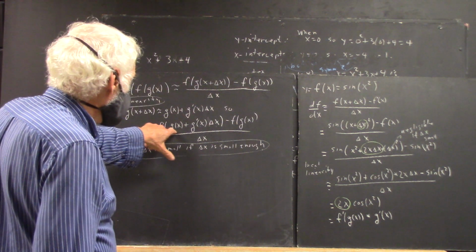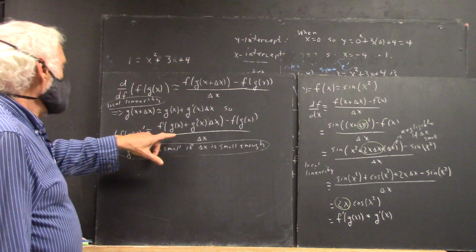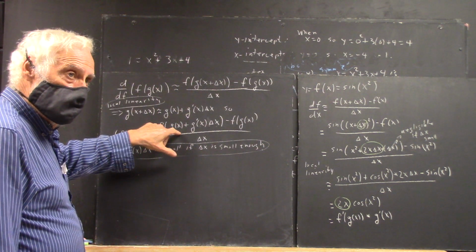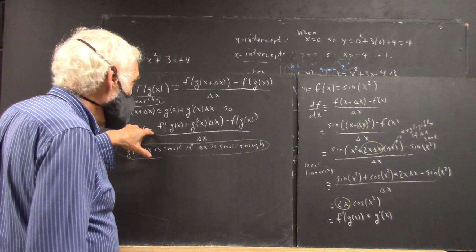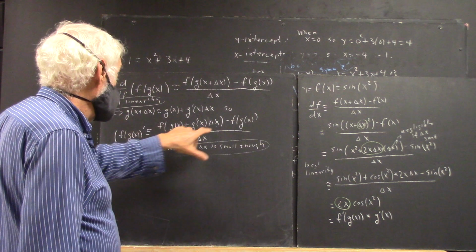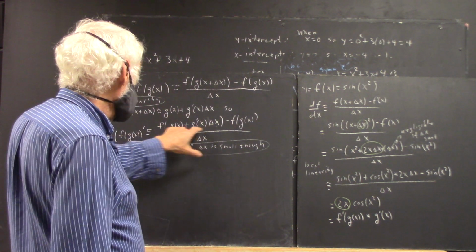So f of g of x plus g prime of x delta x just differs from f of g of x by the rate of change of f times this little change in the value of the argument.